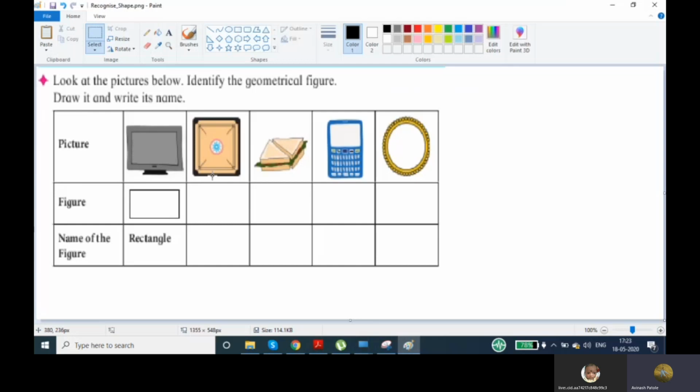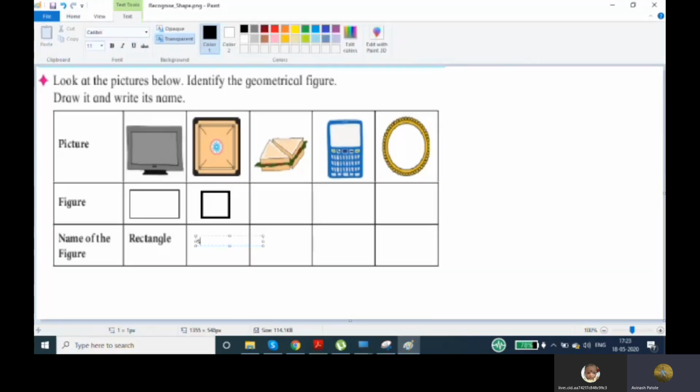What kind of shape is it? It has 4 lines, which clearly indicates that it is a square. So we are just going to draw a square in this box. It is a square, and we are going to write down its name in the below box. So it's a square.